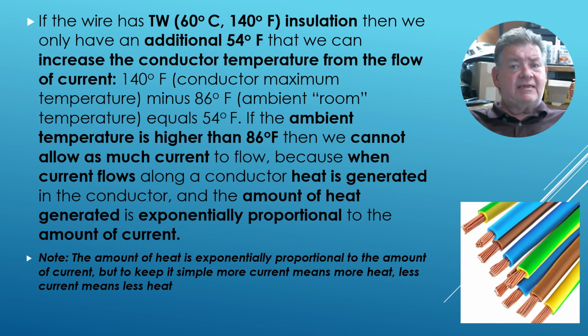The amount of heat generated is exponentially proportional to the amount of current. What does that mean? Well, it means that as the current increases, the amount of heat generated increases at a faster rate. But to keep things simple, let's just agree that more current means more heat, less current means less heat.